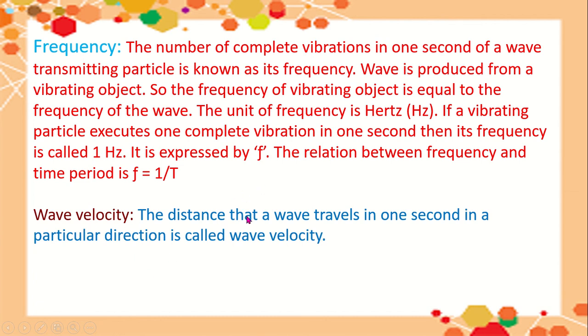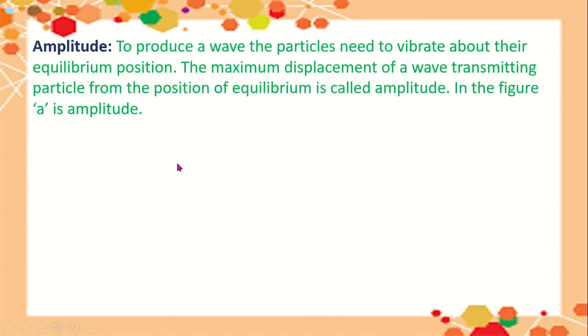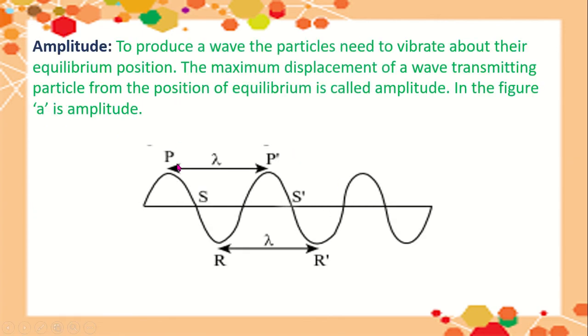Wave velocity. The distance that a wave travels in 1 second in a particular direction is called wave velocity. Now amplitude. To produce a wave, the particles need to vibrate about their equilibrium position.